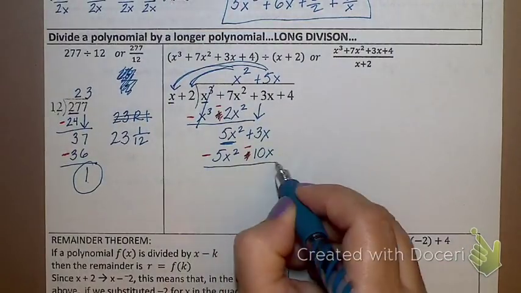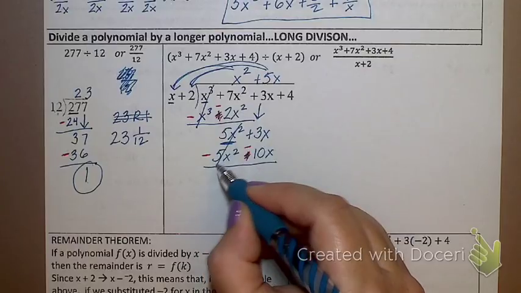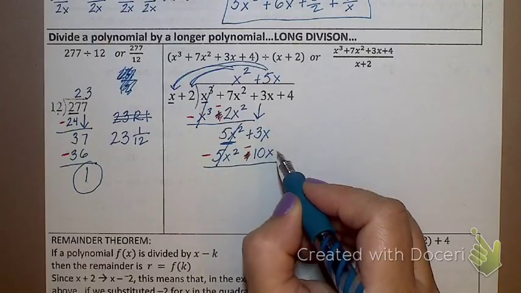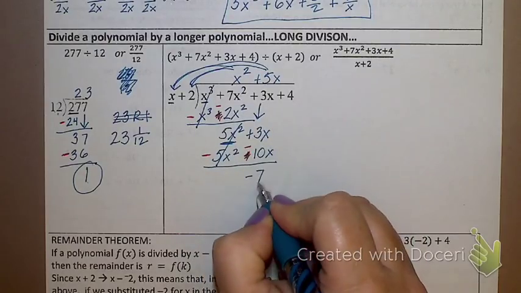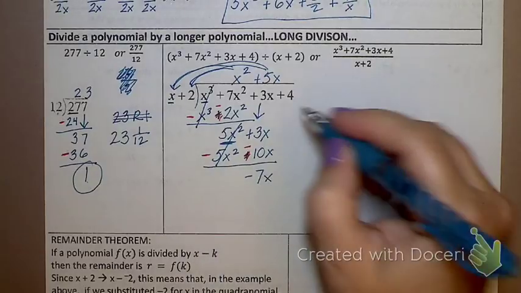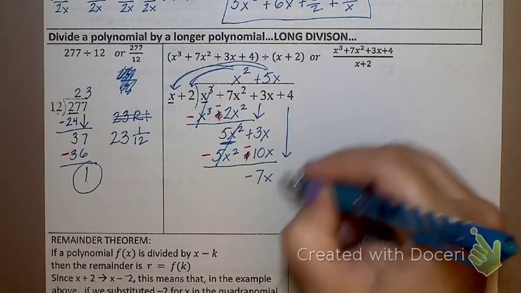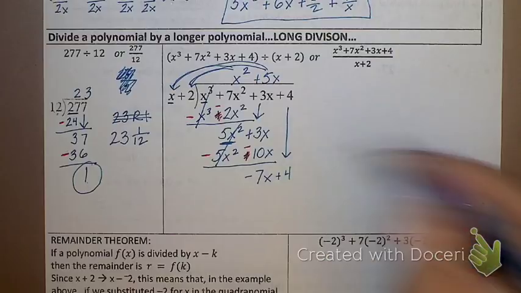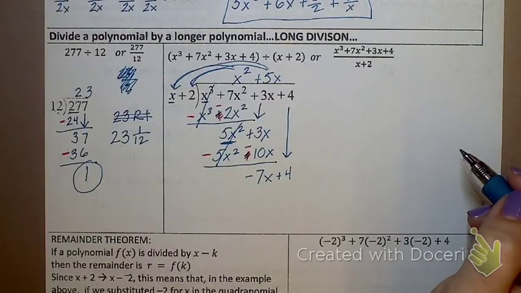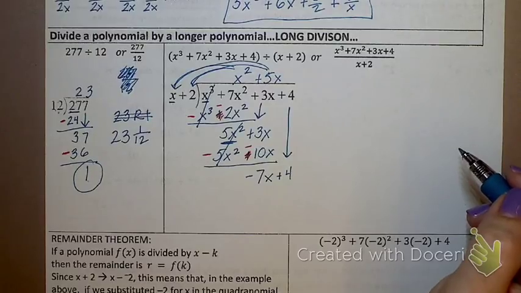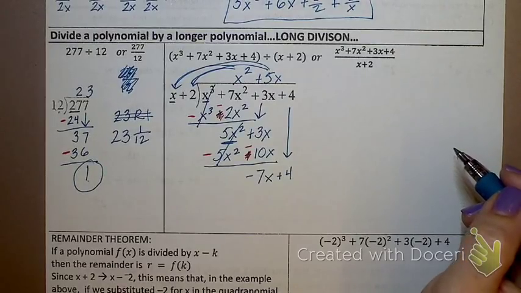And what happens? Those two cancel, which is good. 3x and negative 10x is negative 7x. One more term to bring down, plus 4. Now, yes, this one's taking a little bit because I'm going slow and explaining every single step. As you get going through this, you can do them much quicker, okay?